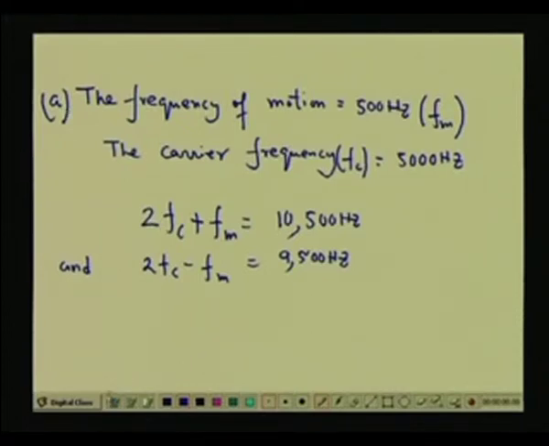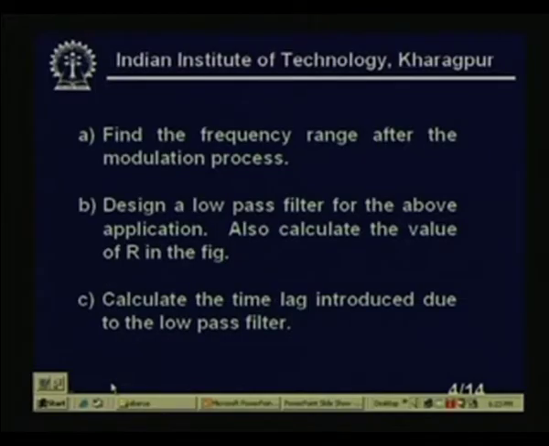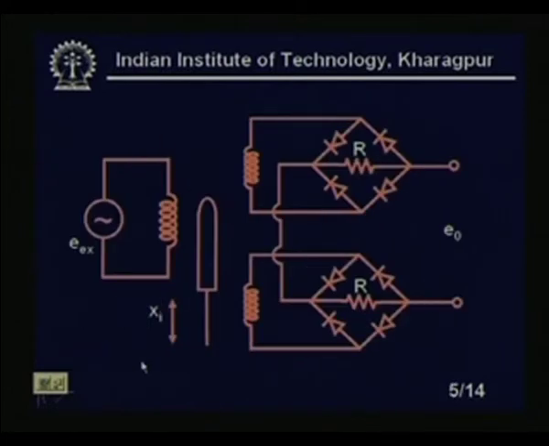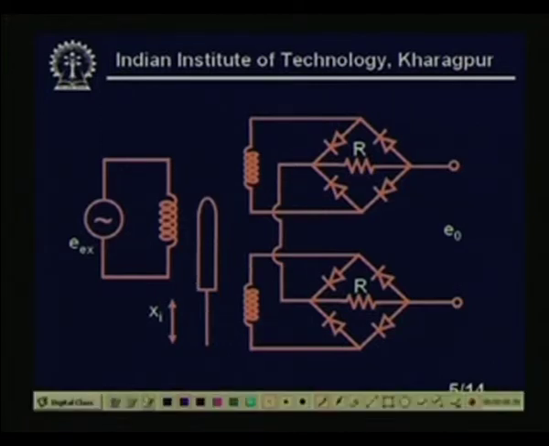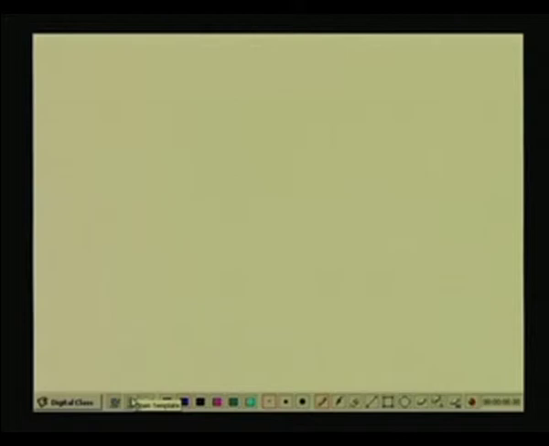This is our figure. We have to calculate this R and the low pass filter, because we need a low pass filter to get the actual signal, that is the movement, and corresponding to that, the voltage output that we will get. So, we will find that. Let us take a blank page again.